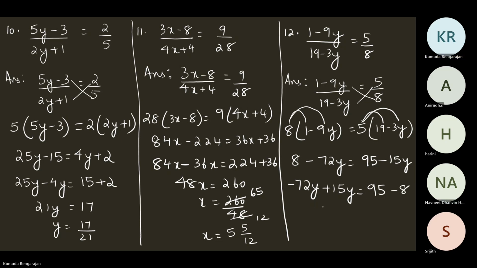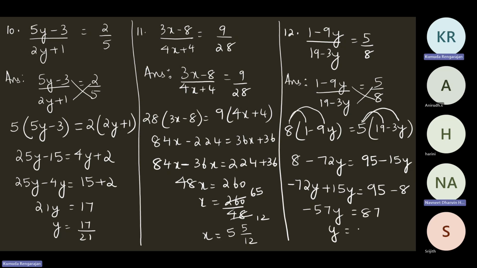Yeah, next. Different signs, subtract. Minus 57y is equal to 87. Correct.